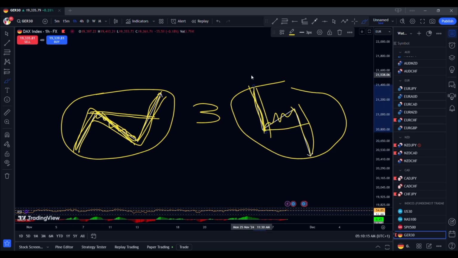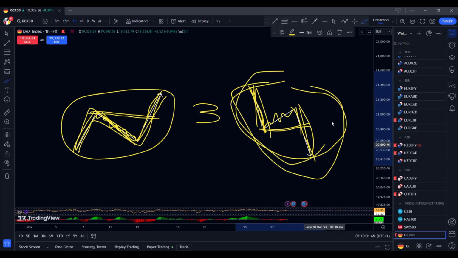And on a downtrend, it is if the later impulse breaks the low of the previous impulse. That is a trend. Now a trend has been confirmed.